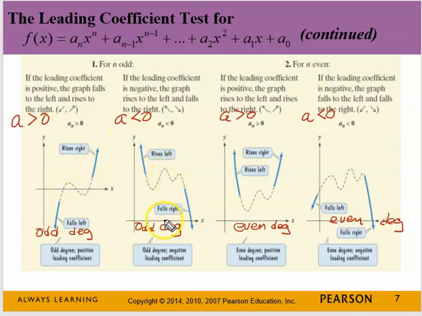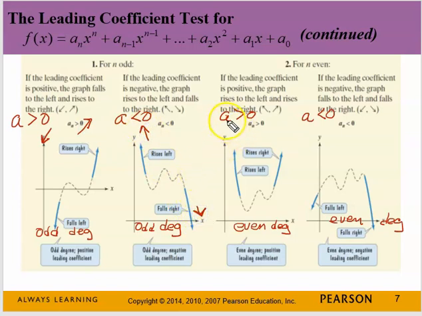Now, if a is less than 0, if a is negative, it's going to start high. And again, depending if it's an odd degree, will end up down. And they're kind of showing this arrow this way, arrow this way. Now for this one, it's arrow this way, arrow this way.